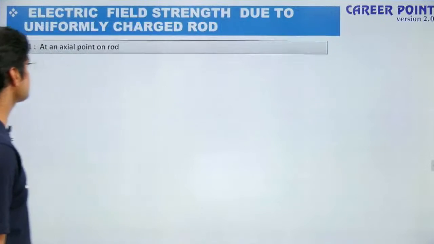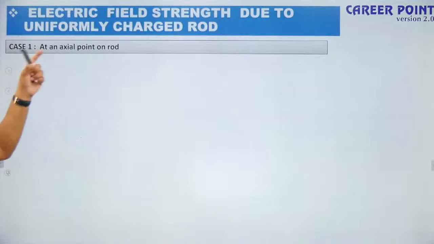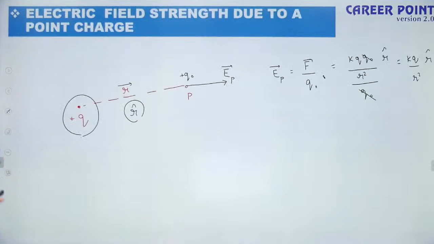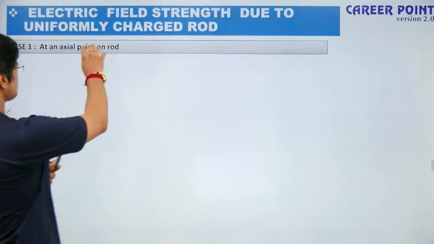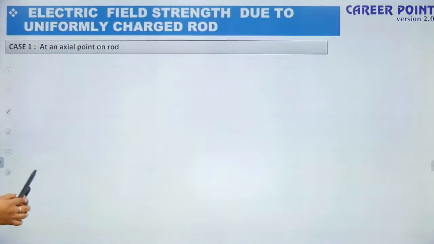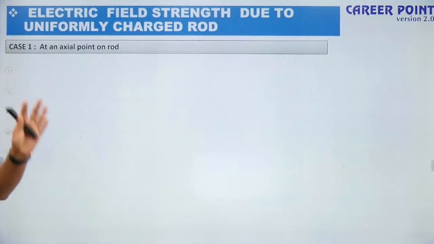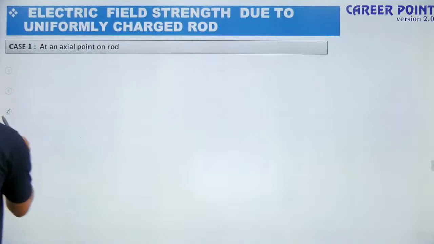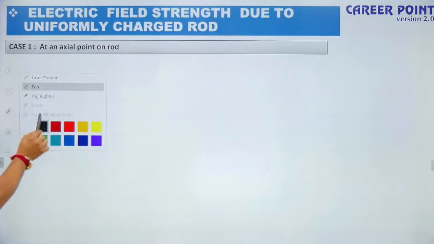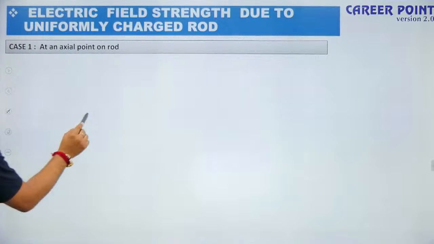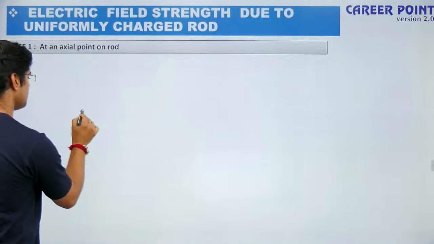Let's proceed. Now if we have to find electric field strength due to a uniformly charged rod, what are we supposed to do? In this we are taking case 1, that is when the point is present at an axial place, or on the axis. Suppose this is our positively charged rod.